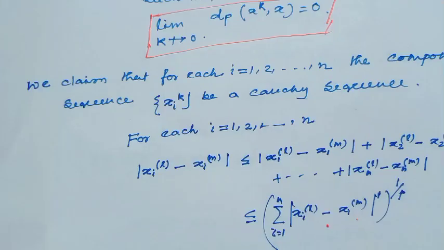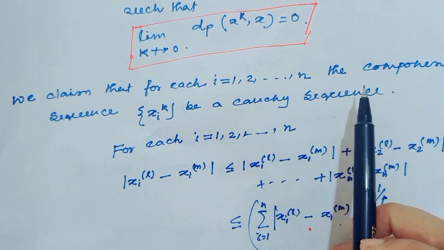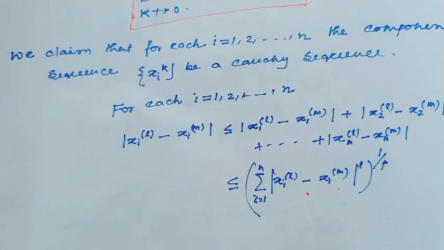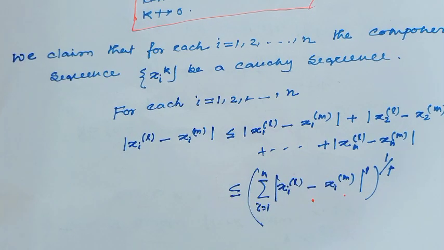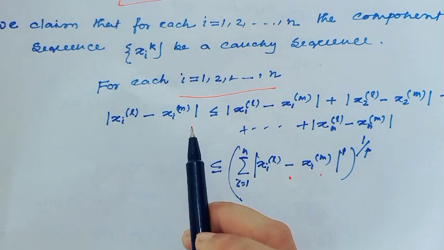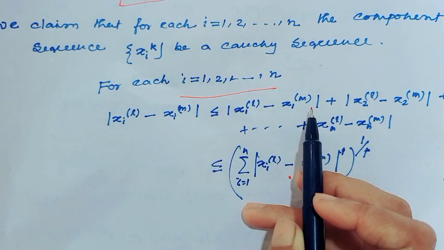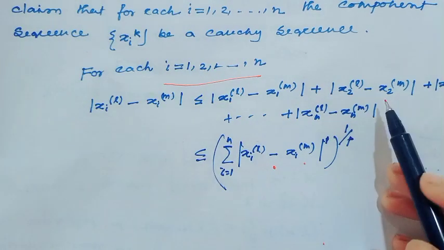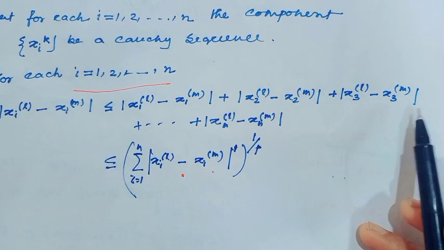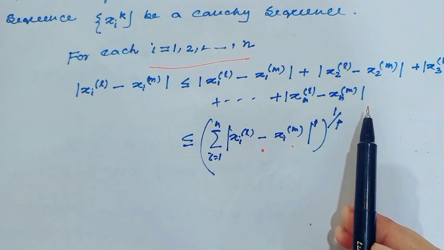For this, we claim that for each i equal to 1 to n, the component sequence xi^k is a Cauchy sequence. For each i equal to 1 to n, |xi^l minus xi^m| is less than or equal to |x1^l minus x1^m| plus |x2^l minus x2^m| plus |x3^l minus x3^m| up to |xn^l minus xn^m|.